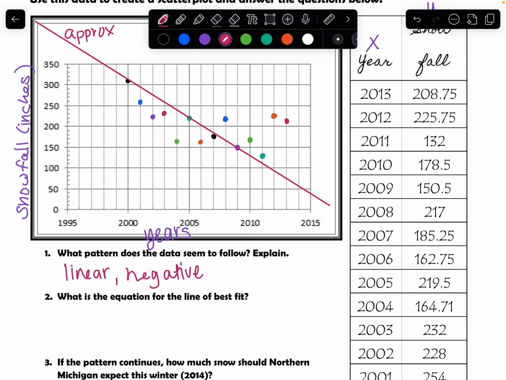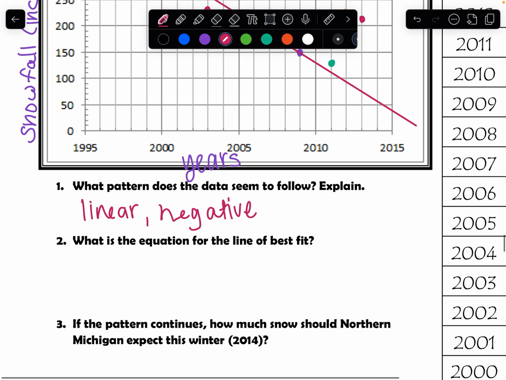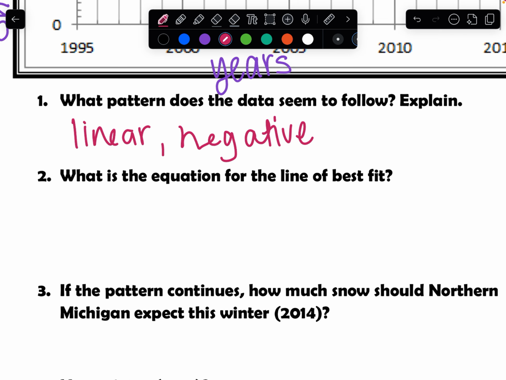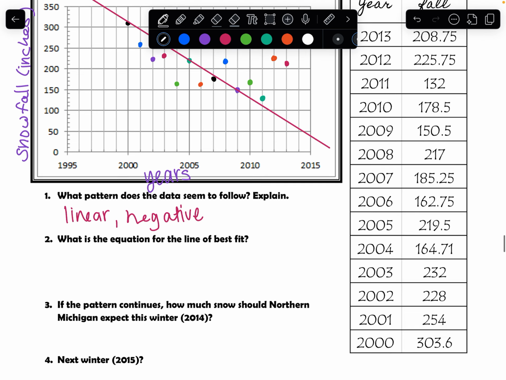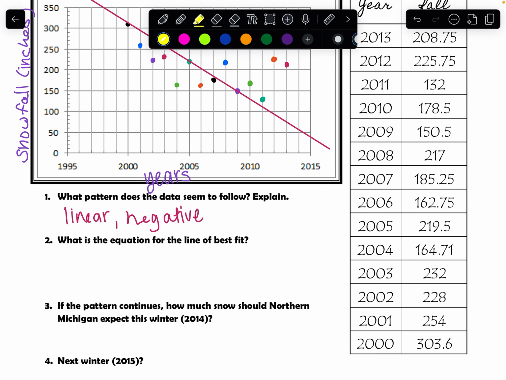So, what is the equation of the line? I told you there's three methods. How we got this one is we are going to use our calculator. So for right now, I'm going to pick two lattice points. So I'm going to pick 2010, 132 and 2001, 254.